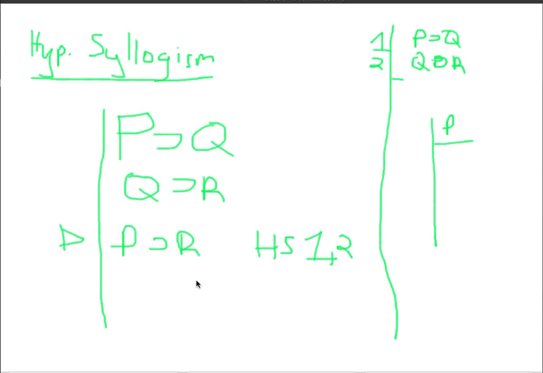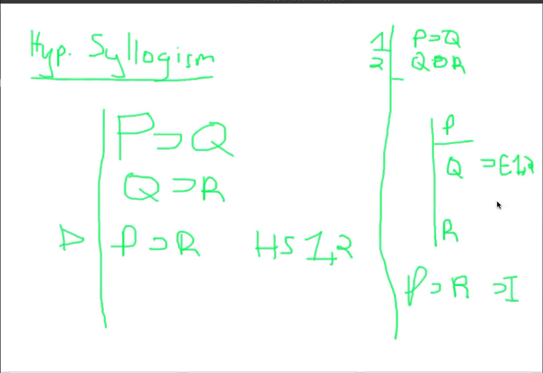Then to get if P then R, if our goal is to derive if P then R, we would first have to set up the subderivation to be able to do conditional introduction. That was our goal. So you take the antecedent, you make that your auxiliary assumption, and you make the last line of the derivation R. And then we'd have to cite 1 so that we could get Q by doing conditional elimination, citing line 1 and line 2.